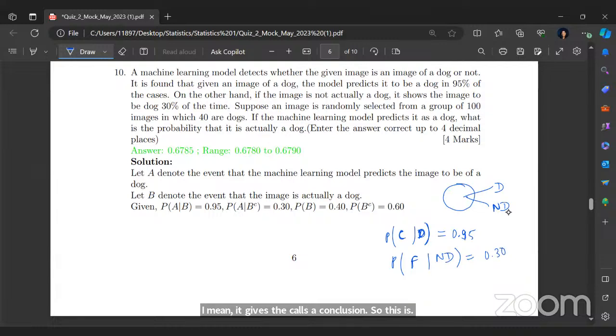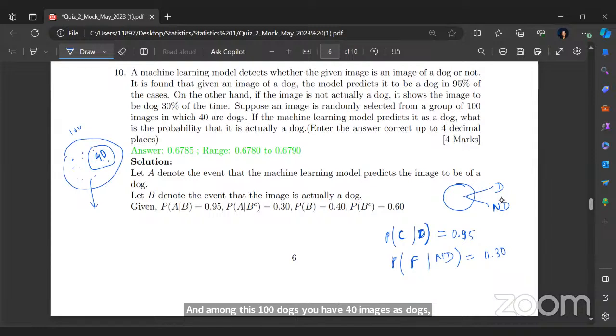Suppose you select an image randomly from a group of 100 images in which 40 are dogs. So you have a total of 100 images, and among these, 40 images are dogs.